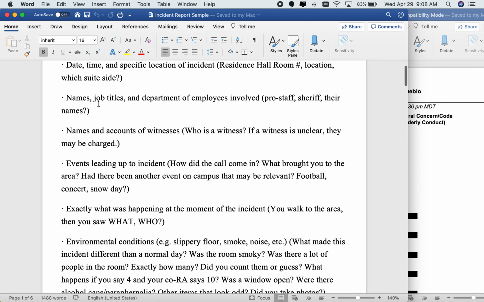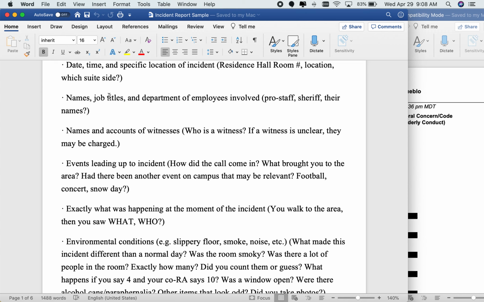Put the names, job titles, and departments of people who are involved. If a sheriff's deputy shows up, be sure to put their name and get that information, because we may need to follow up with them. Put your name and job title. I may not know all of you, so when I'm reading this report, if you say desk assistant John Doe was at the desk at 2 o'clock in the morning, then I'll know.